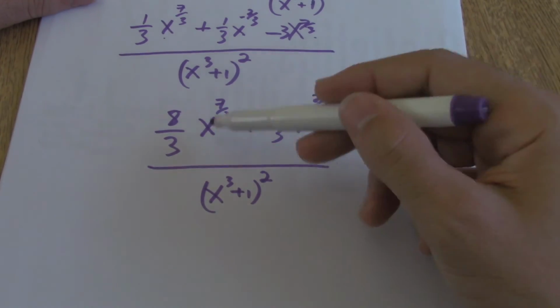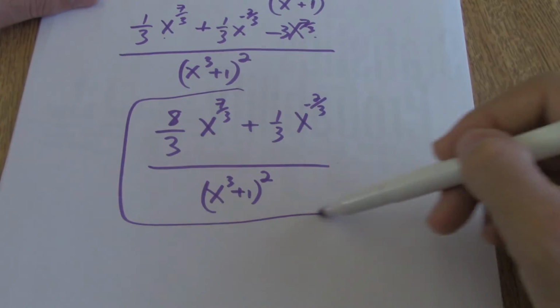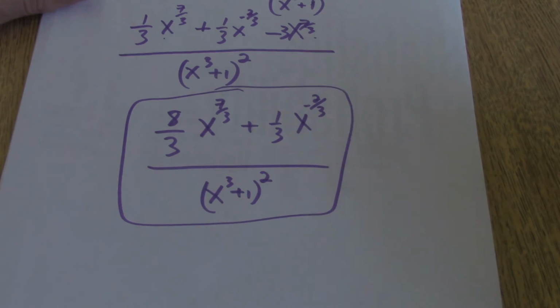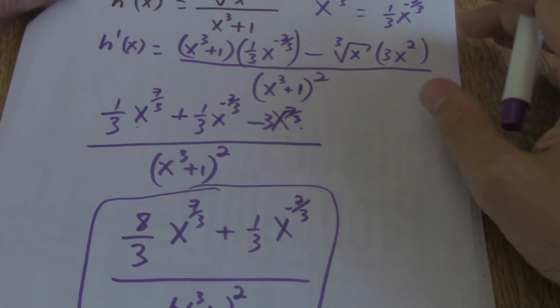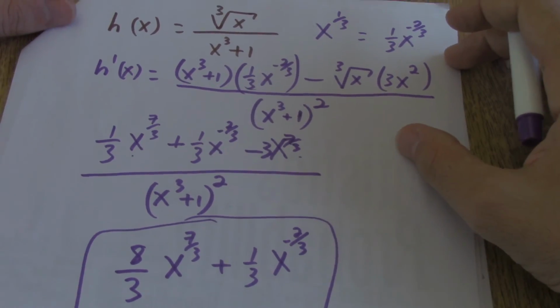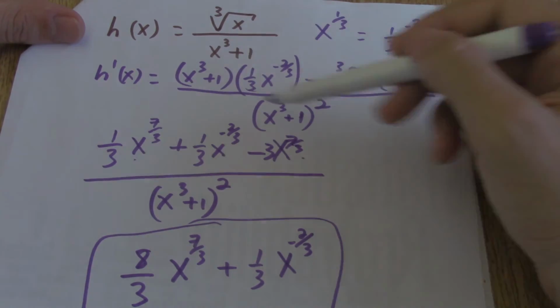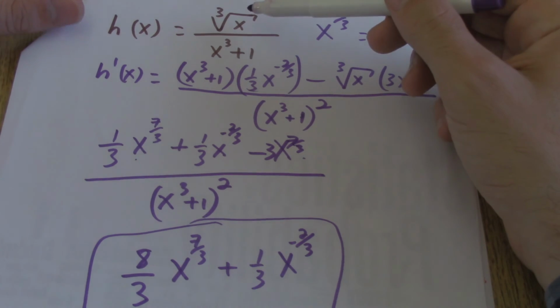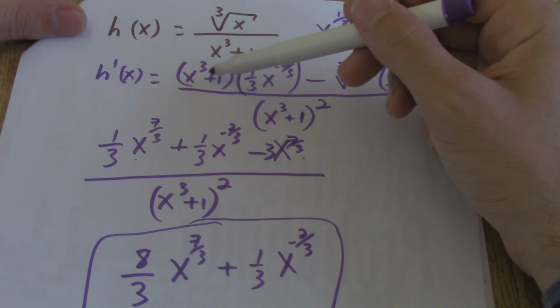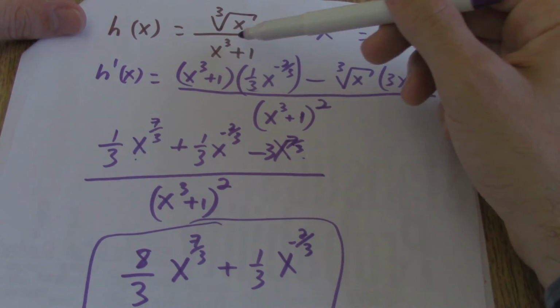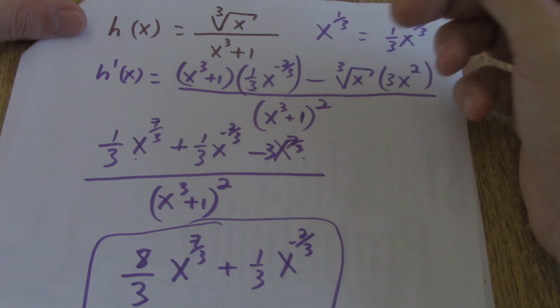You can keep working and do some algebra here, but that is a good answer that shows that you know the quotient rule, because basically the quotient rule is the first part. That's when you apply the quotient rule. It's the function that is on the bottom. It doesn't matter if it's f of x or g of x.